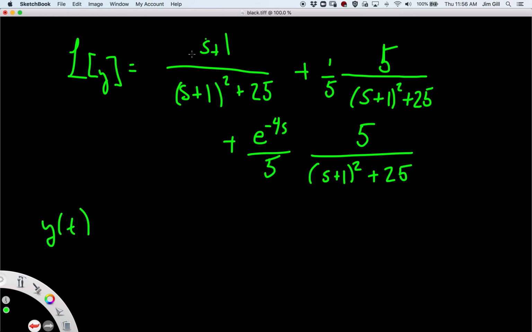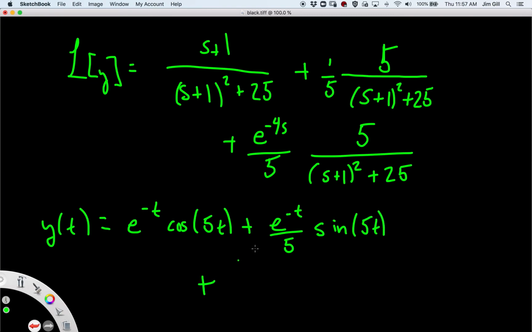This plus 1, if you recall when we discussed this before, this leads to an e to the minus t term. This is e to the minus t cosine 5t. All right, this plus 1 is another e to the minus t, so we get e to the minus t divided by 5 because of the 1/5, and this is going to be sine 5t.